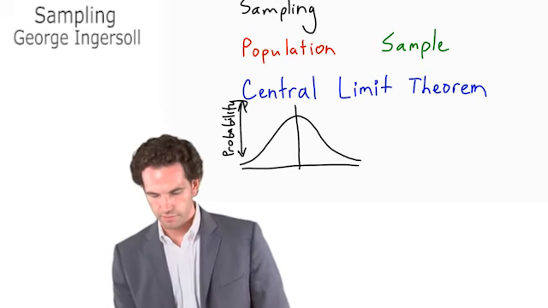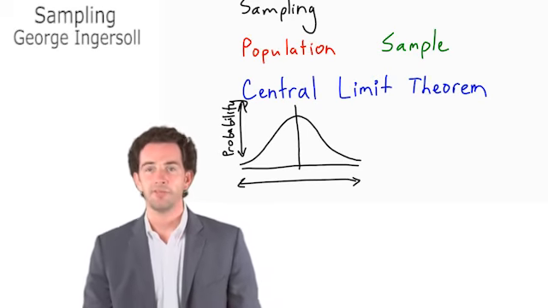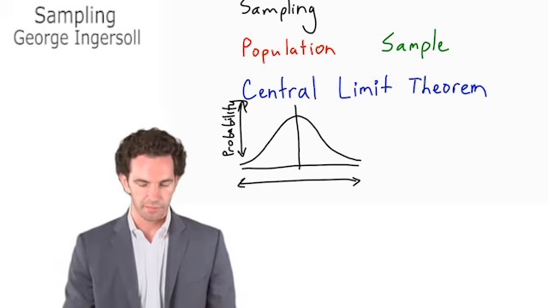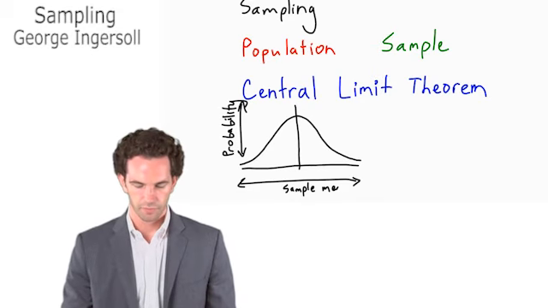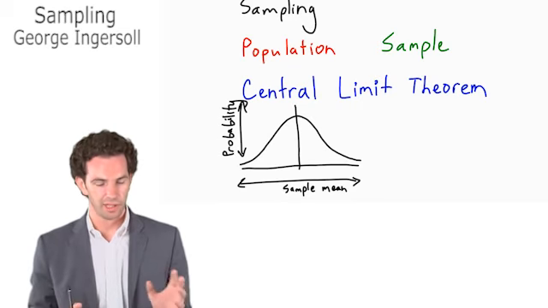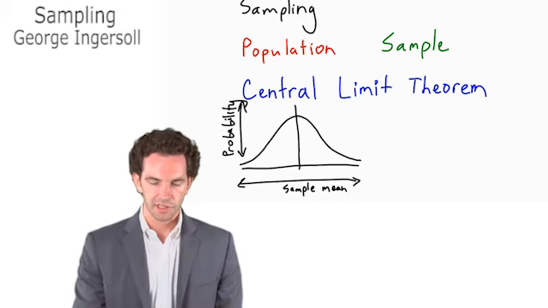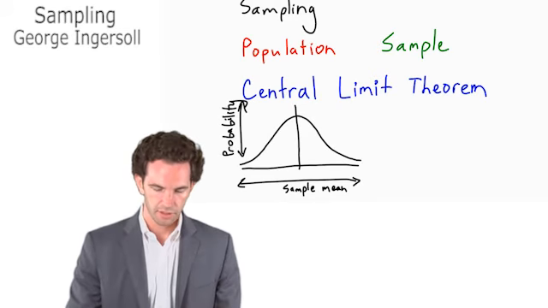Along here, we have values that the sample mean might be. Remember, we've taken a sample. We're measuring that sample mean, the average of the sample. They could take any of these values, and they center around the population mean.